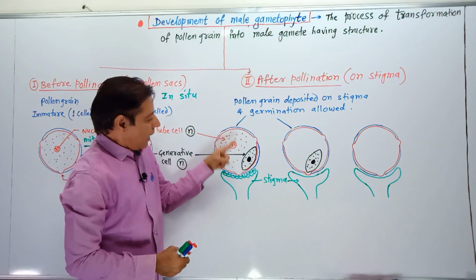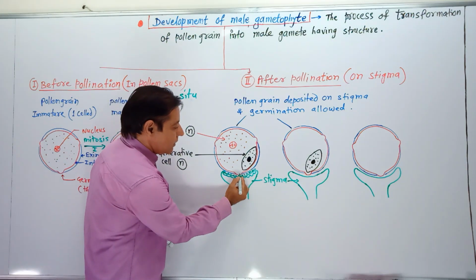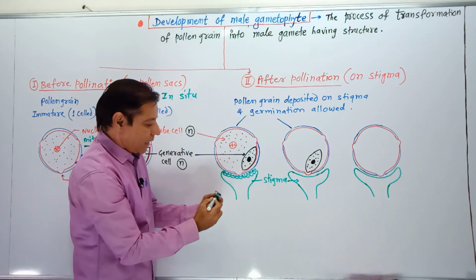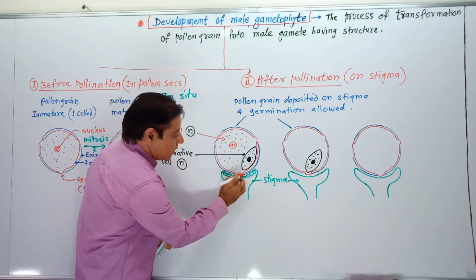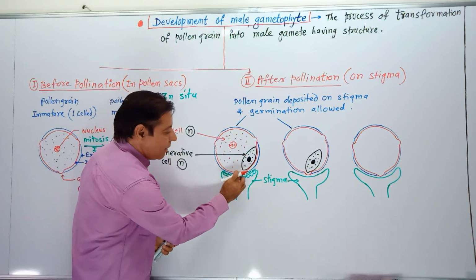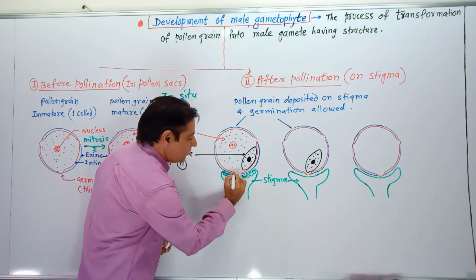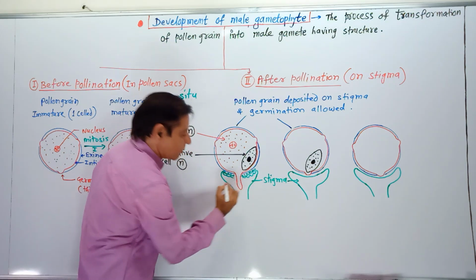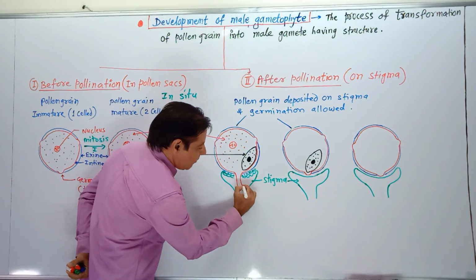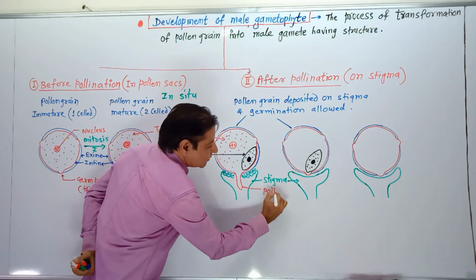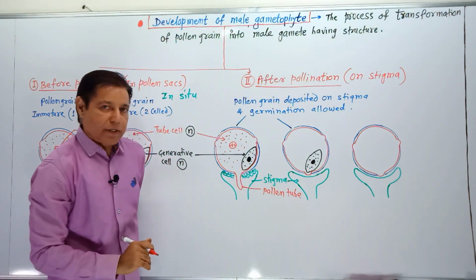After stimulation by the sugary fluid, in the two-celled pollen grain, from the germ pore the intine, which is a flexible layer or wall, is thrown out. When the intine comes out in the form of a pollen tube, it is called germination.